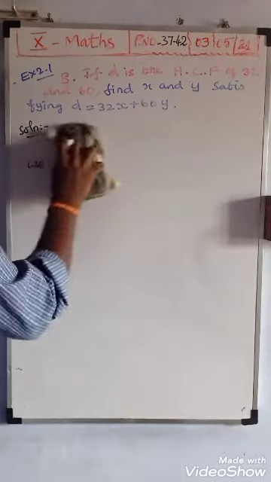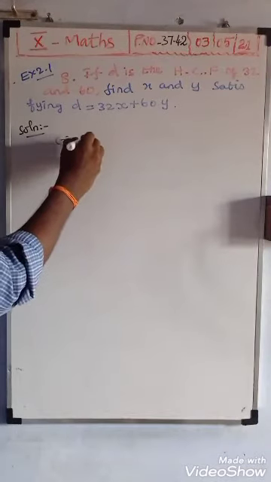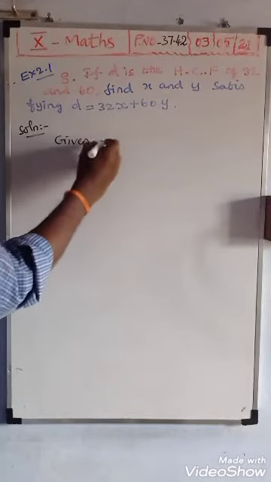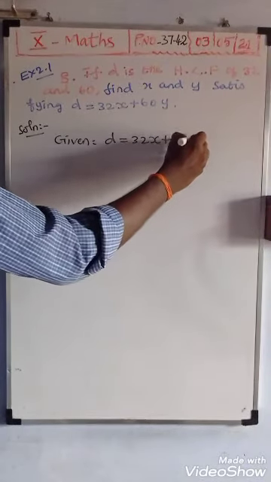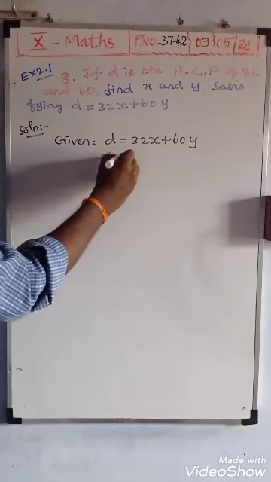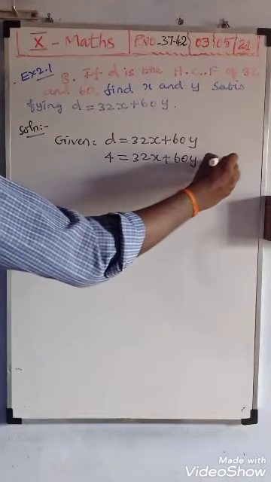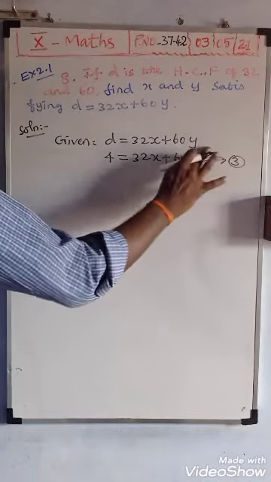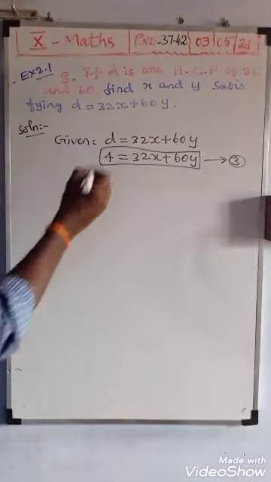The given equation is D is equal to 32x plus 60y. So instead of D you substitute 4. 4 is equal to 32x plus 60y. Consider this as equation 3.